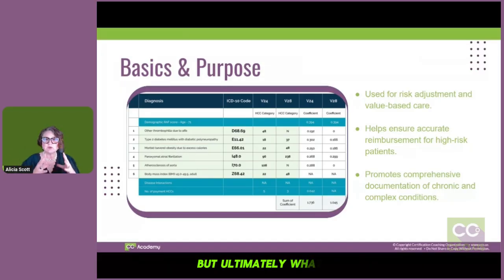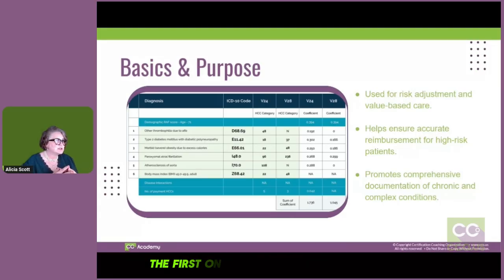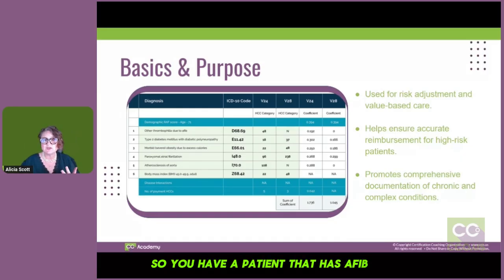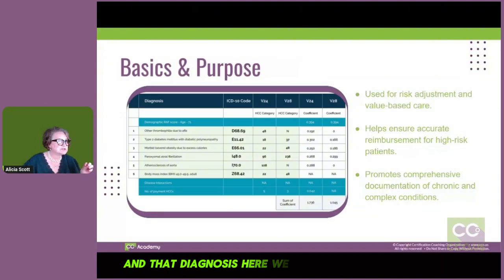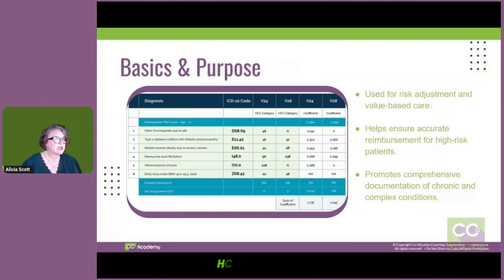But ultimately, what we're trying to do is, for the category that the HCC falls in, and you can see this here, the first one is other thrombophilia, due to AFib. So you have a patient that has AFib and then they're clotting. And that diagnosis, here we have a category, HCC category.